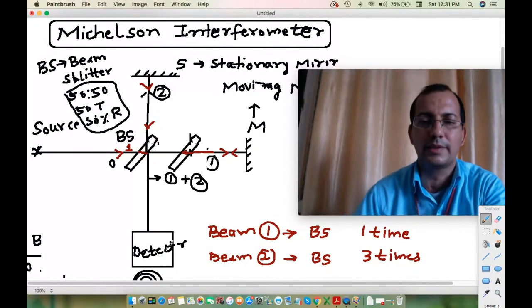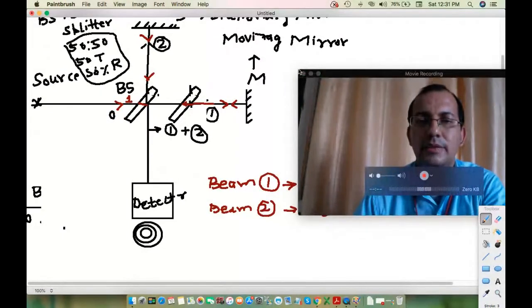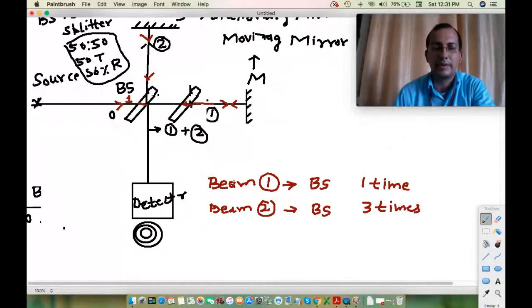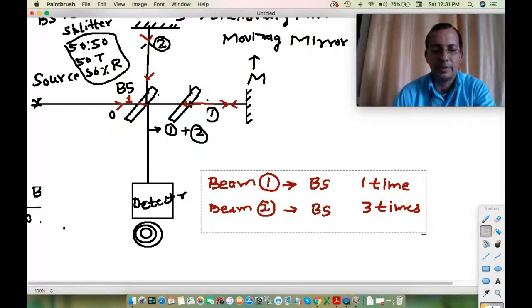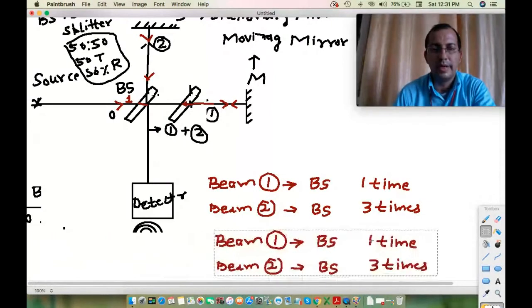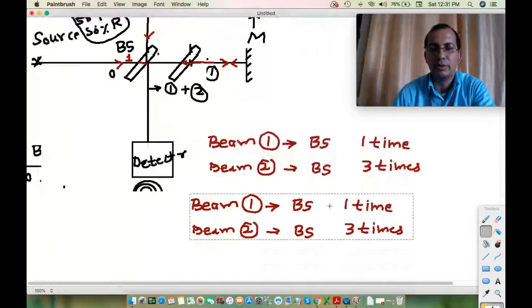So after the introduction, now the story will change. In the case of the second one, let's say that after the compensating plate, again we would have this. So here you have two situations.